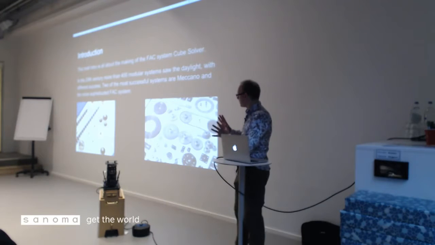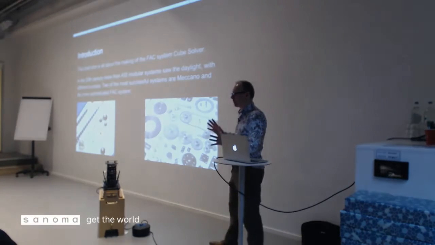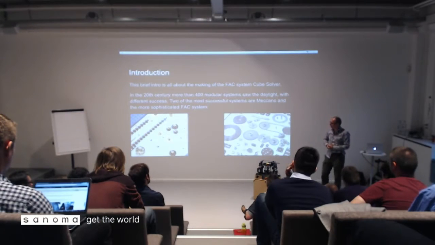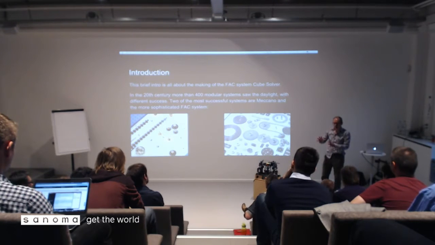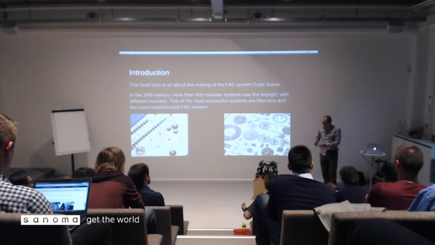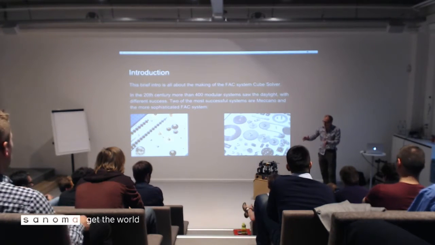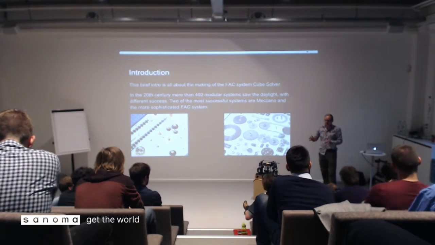It's a comprehensive system, and it consists of strips, beams, gears, and what you can do, you can make small machines big enough for a table. We always call it a table scale format modular system. So big enough or small enough to grip it in your hands, put it on a table, but not bigger than that.